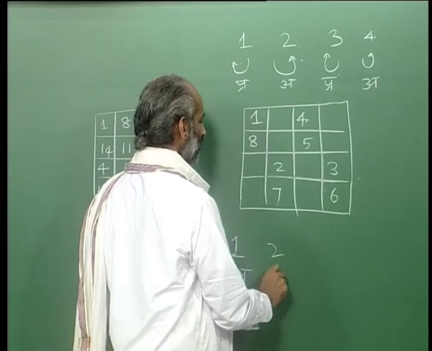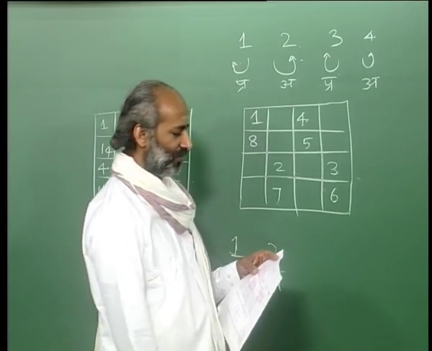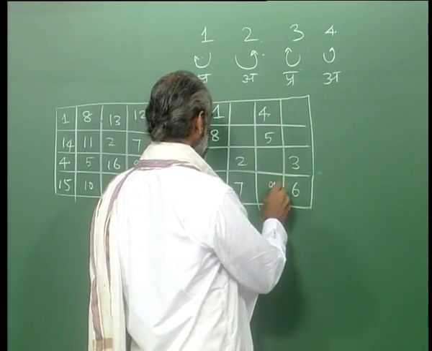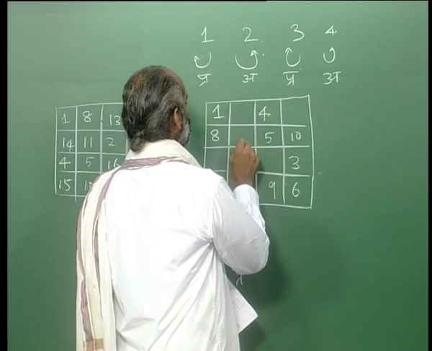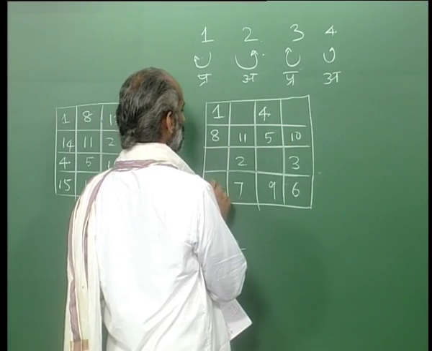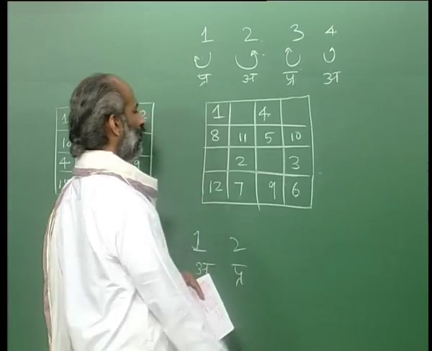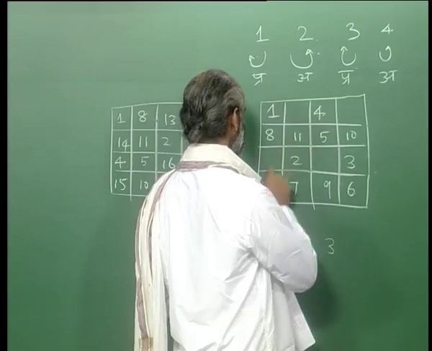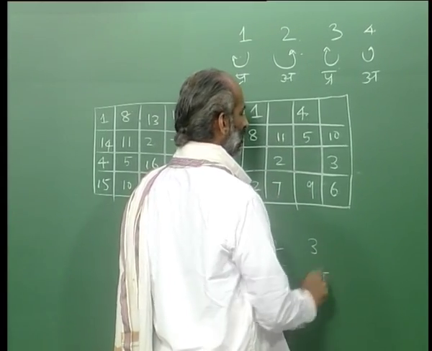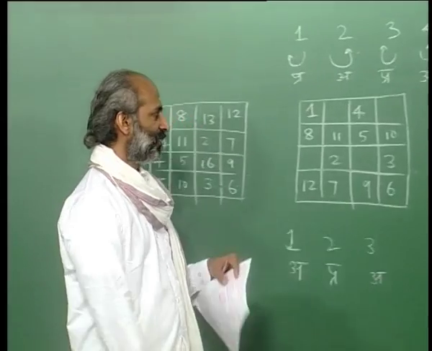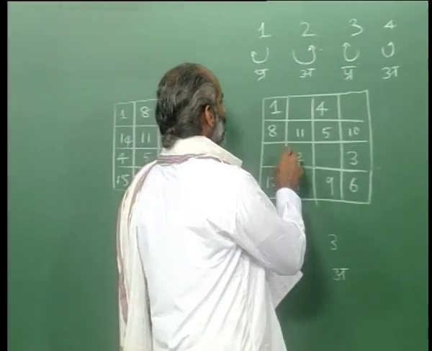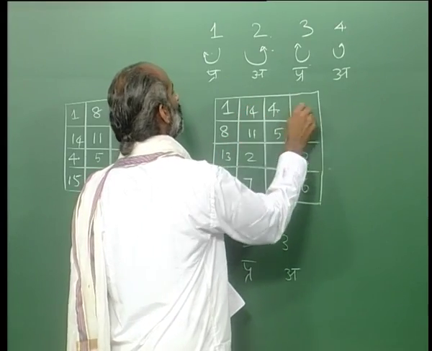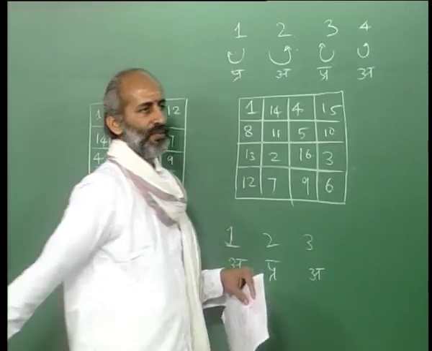The second movement is pradakshina kind of a thing. Then I will start with 9, 10, 11 and then 12. So, this third movement, 9, 10, 11, 12 is once again apradakshina, and once you do a certain pradakshina the rest will get filled. So, 9, 10, 11, 12, 13, 14, 15, 16.